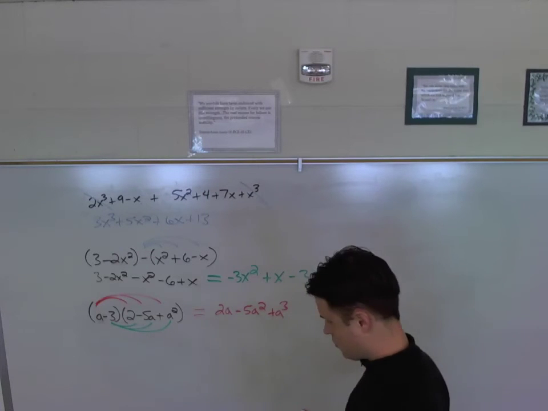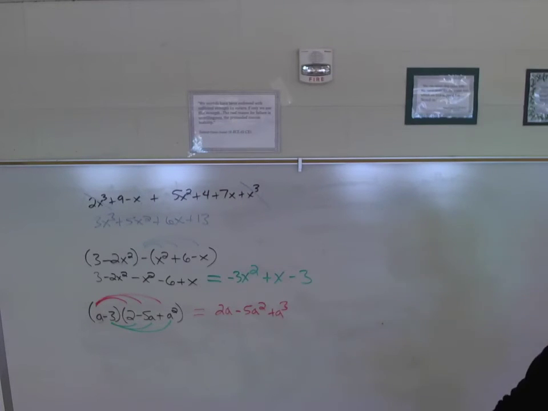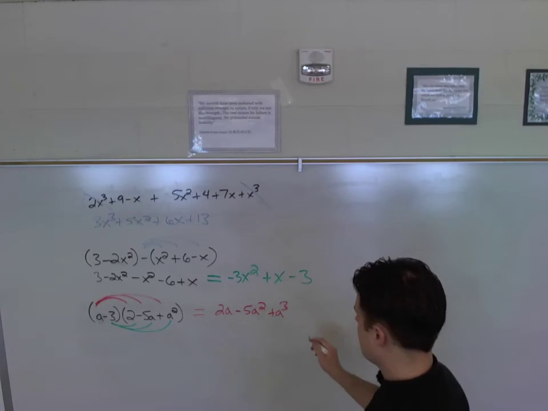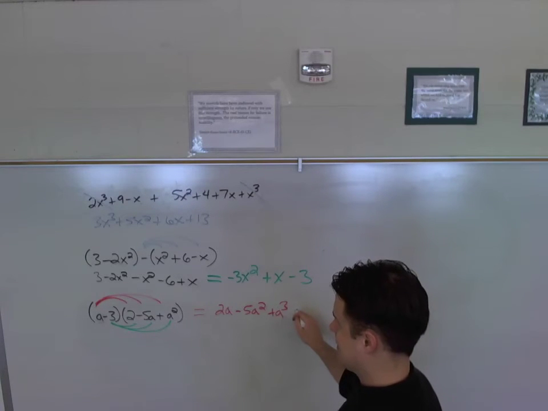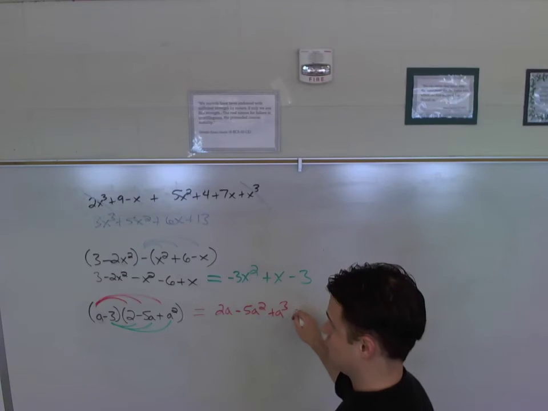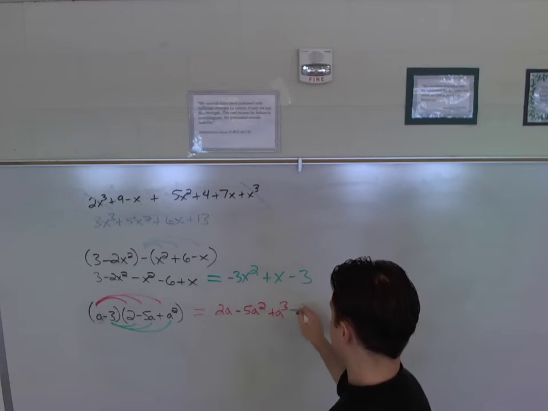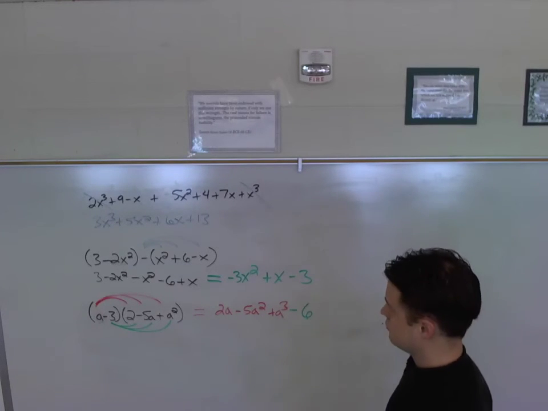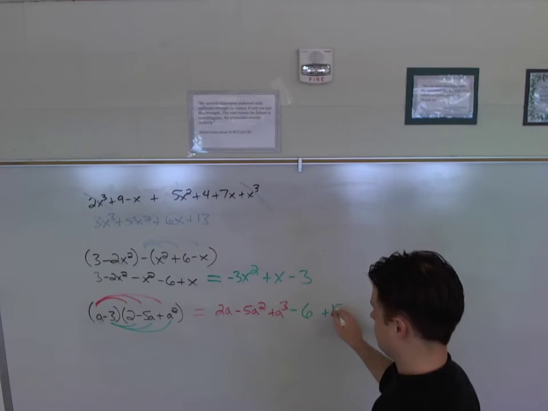Cool. Ben, can you tell me the green ones? You have 6, then negative 16a, and then 3a squared. Almost. Start over. Oh, it's negative 3. So negative 6, 15a, and then negative 3a squared.